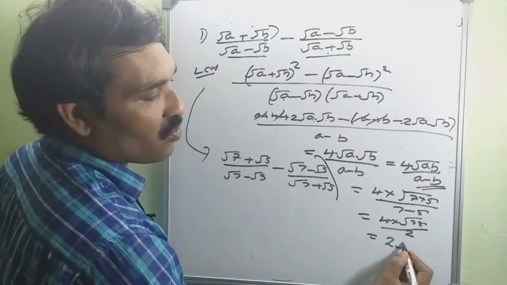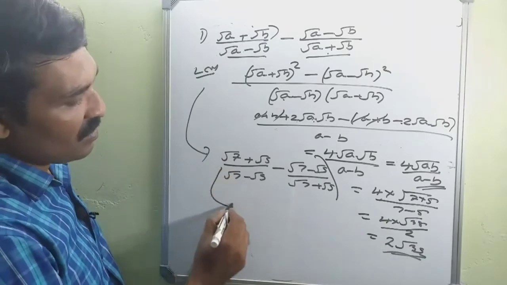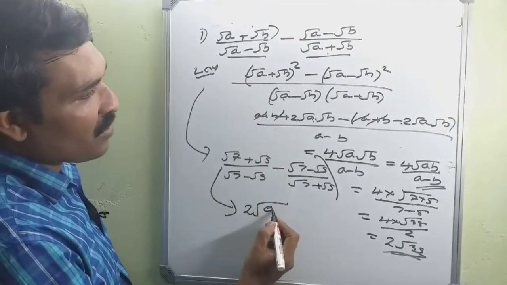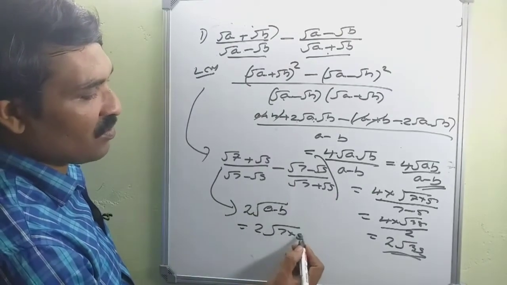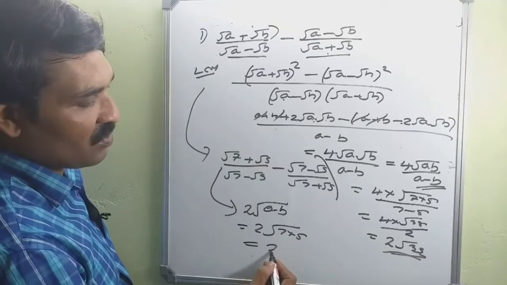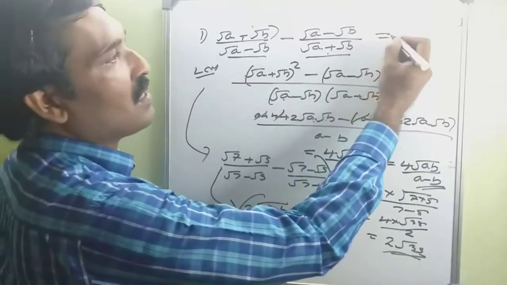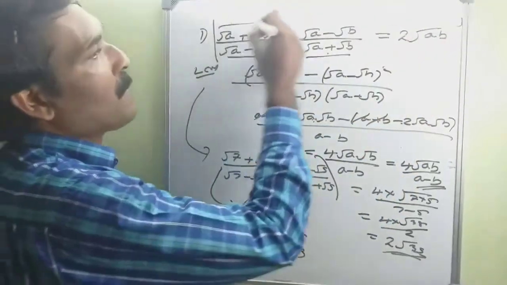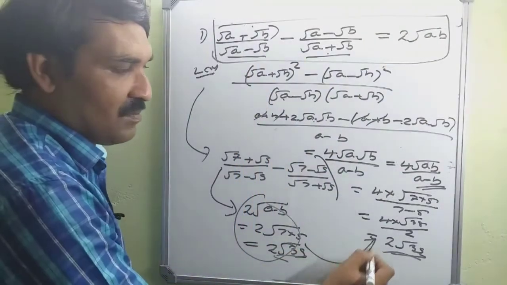That is equal to 2 root 35. This is same as 2 into root a root b. So that is equal to 2 into root 7 into root 5, is equal to 2 root 35. So this expression is equal to 2 into root ab. Both the answers are same.